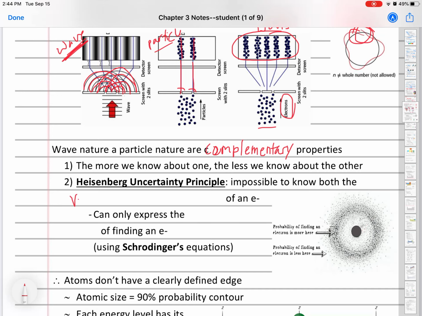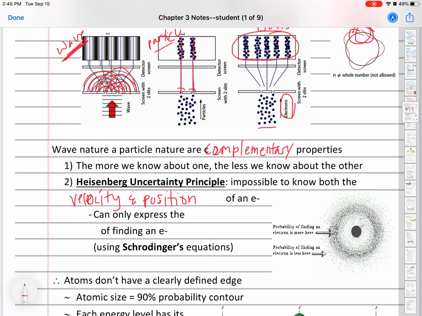So electrons have both velocity and position. We know that they move around, but they also have this probability of staying in one spot for more time than others.